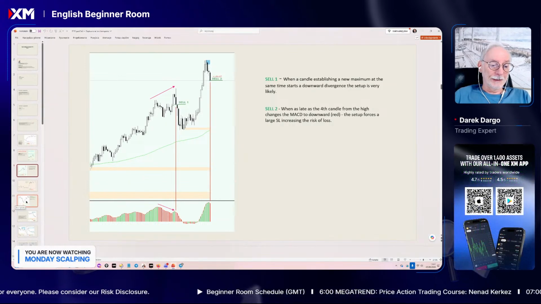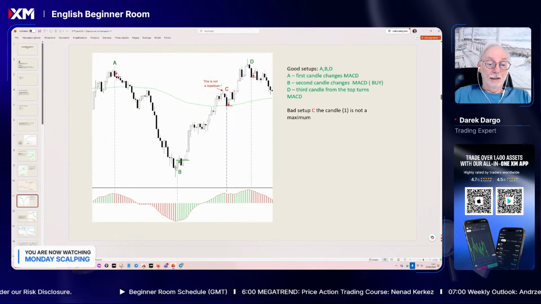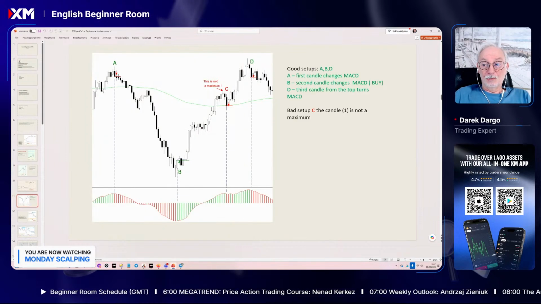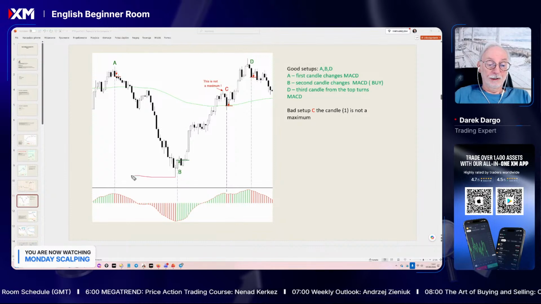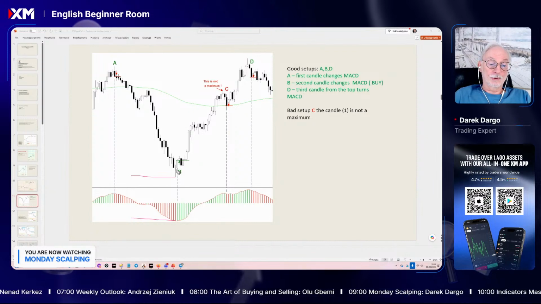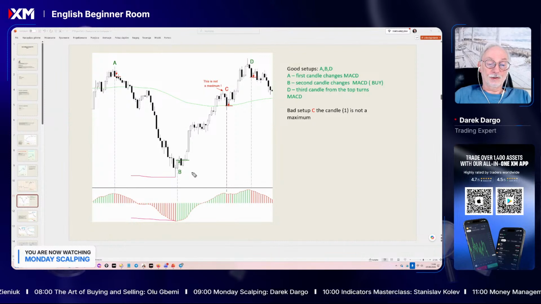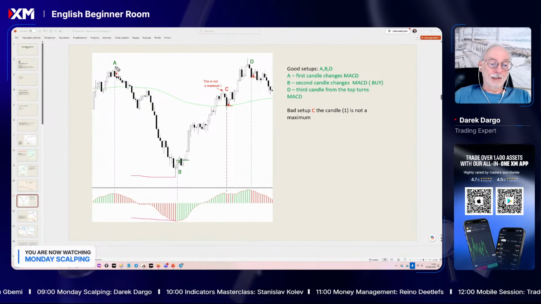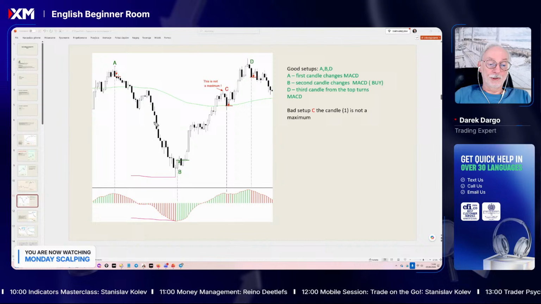You can also buy. So if you see price is hitting the minimum of the day and the MACD does the same on the minimum of the day, then you can say it's probably a good opportunity to go long. Not always will it be such a situation that the candle which is creating the change on the MACD is on a maximum or a minimum.